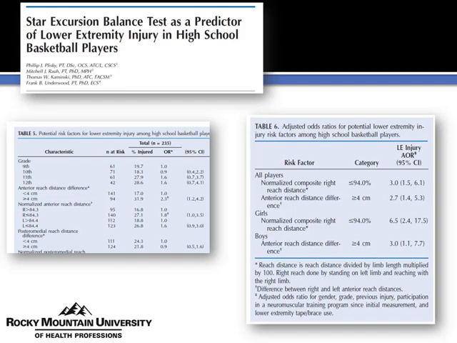Before the PhD program was in place, Rocky Mountain had transitional DPTs, transitional OTDs, and they had several different Doctor of Science degree offerings, and then those evolved into PhDs. But what Phil did was he did an epidemiologic study looking at injury based upon star excursion balance test performance.